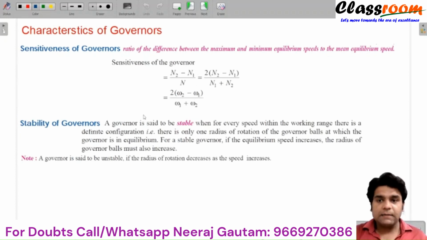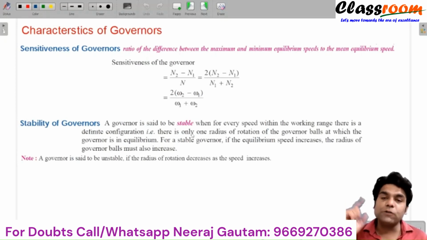Now the second characteristic is stability of the governor. A governor is said to be stable when for every speed within the working range there is a definite configuration, that is, there is only one radius of rotation available for a single equilibrium speed.